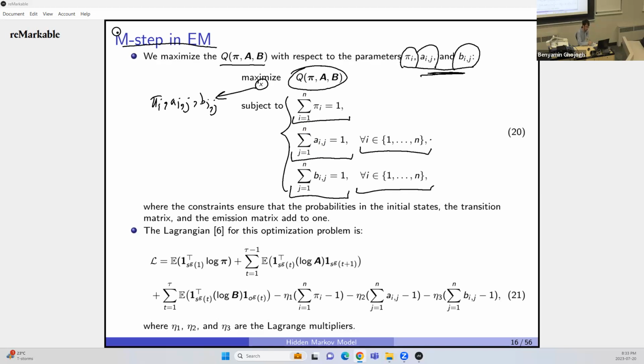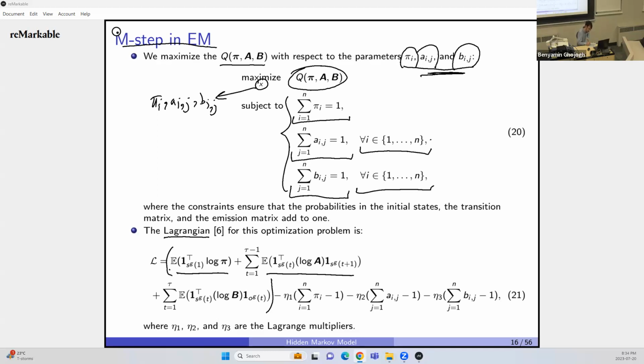And now it's an optimization problem. What should we do? It's a constrained optimization problem. Again, as before, take the Lagrangian, take the derivative of the Lagrangian, and set it to 0, right? So we have the Lagrangian, from here until here.